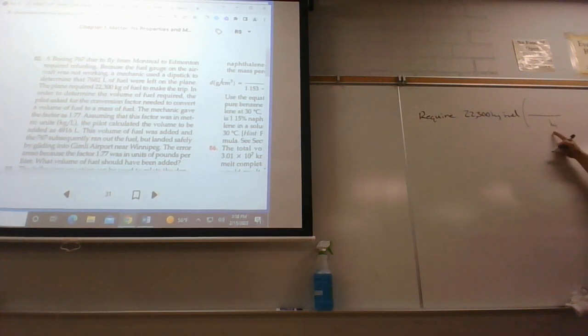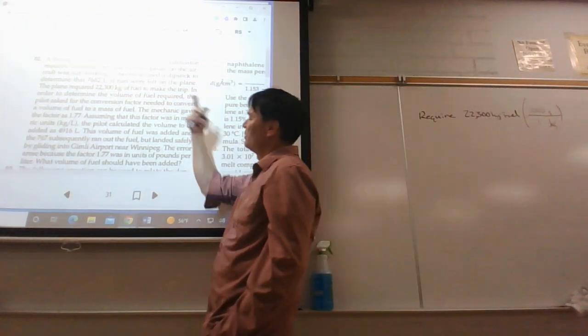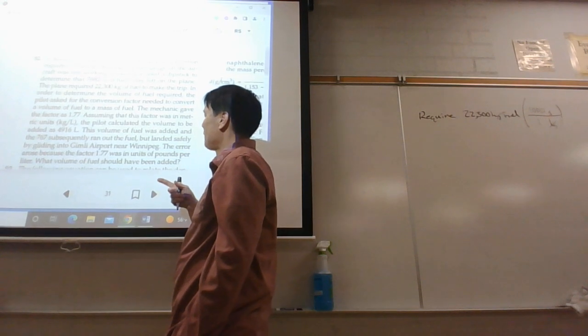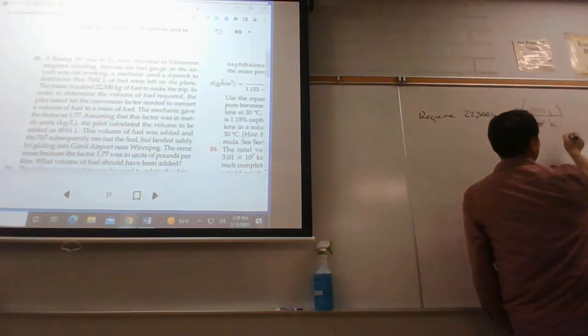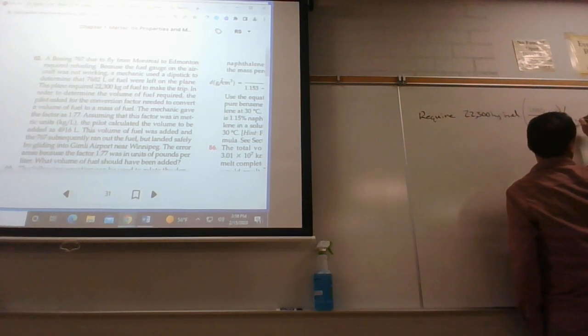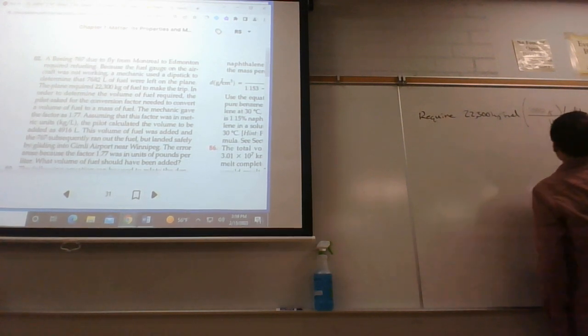There's nothing that gets rid of kilograms of fuel, so we're just going to convert it to grams. Okay, so now we have grams of fuel. Well, there's nothing that gets rid of grams of fuel, but we have something that gets rid of pounds. So let's go from grams to pounds. And so there's 453.6 grams in a pound. And so now we have pounds of fuel.